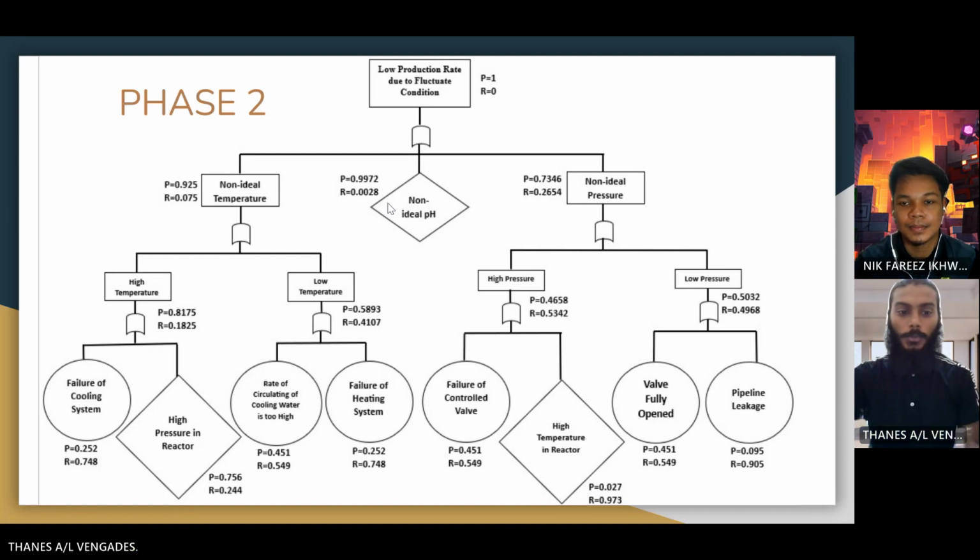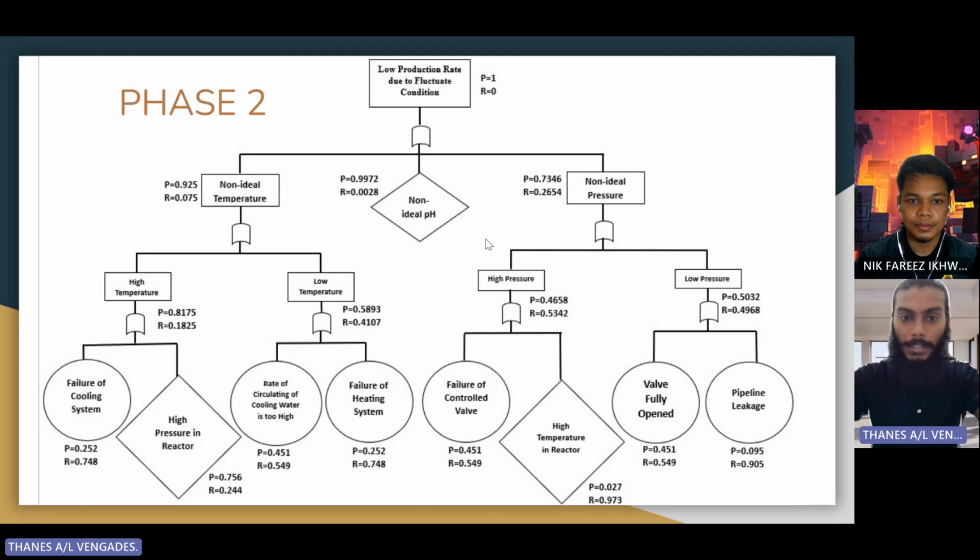From here, the top event of the fault tree is written at the top of the fault tree, and it is also indicated as a top event. There are two top events that occur at non-ideal temperature and non-ideal pressure. At non-ideal temperature, high temperature can cause failure of a cooling system. Thus, it can cause high temperature in the reactor.